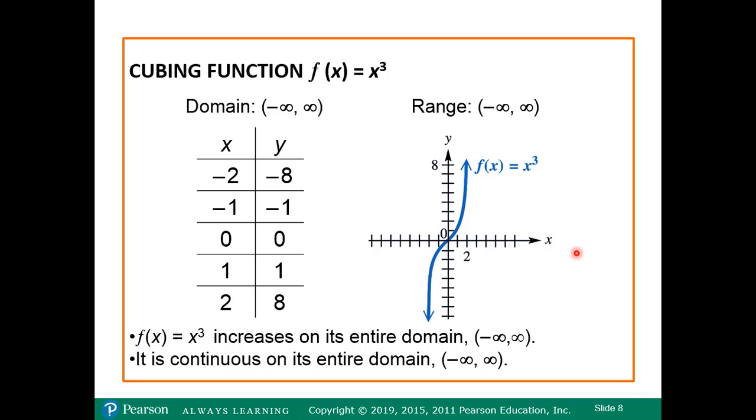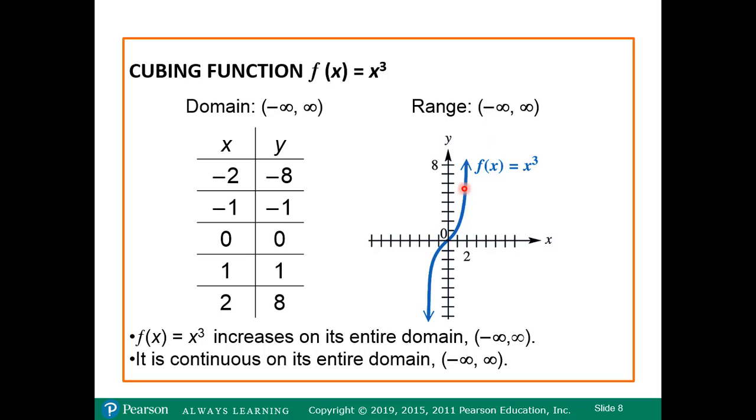Okay. Here's a cubic function. We're talking about the cube function. This is the most basic cubic function that we have. The domain is all real numbers, as you can see from the graph. And the range is also all real numbers, all the y values. There are no holes or breaks in the graph, so it's a smooth, continuous curve.